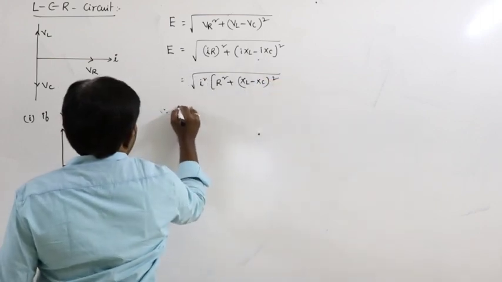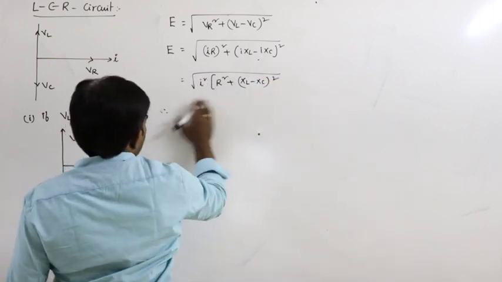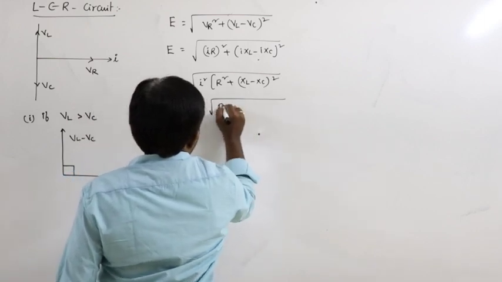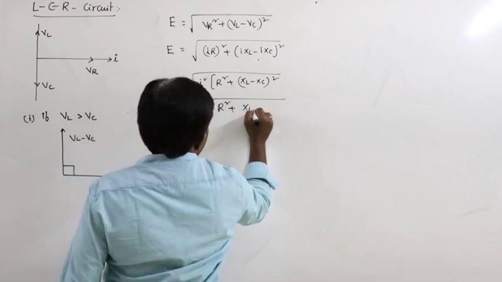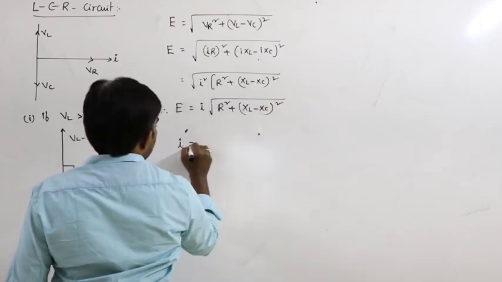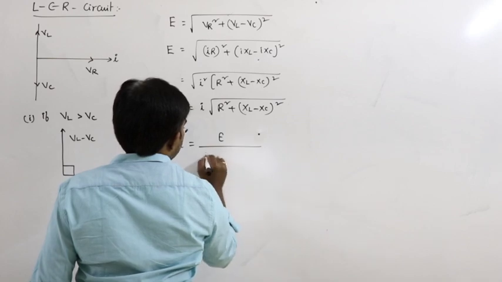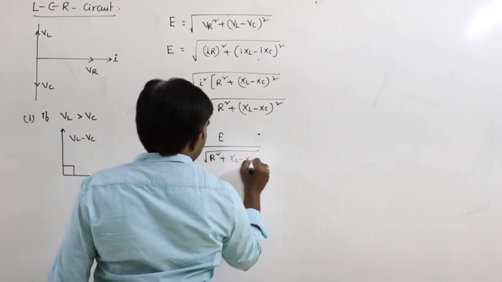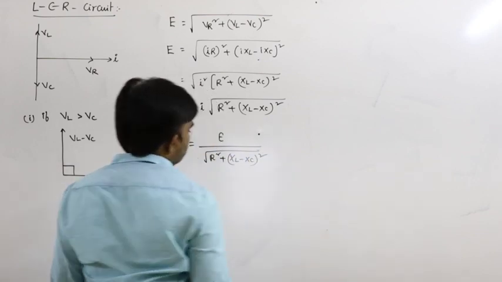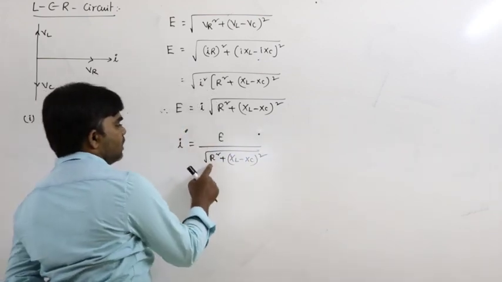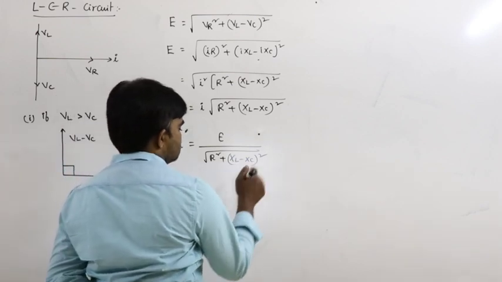So therefore E is equal to I into under root R square plus XL minus XC whole square. Therefore from this I can be written as E by square root of R square plus XL minus XC whole square.